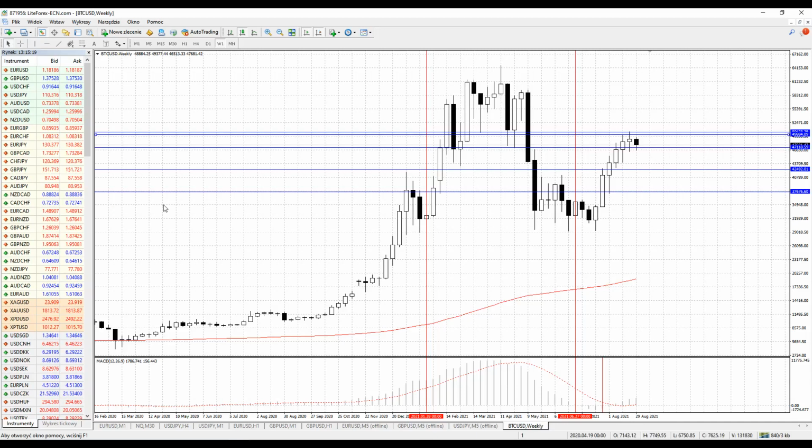We are going to focus on a swing high. So levels close to 50,000, that's the swing high.